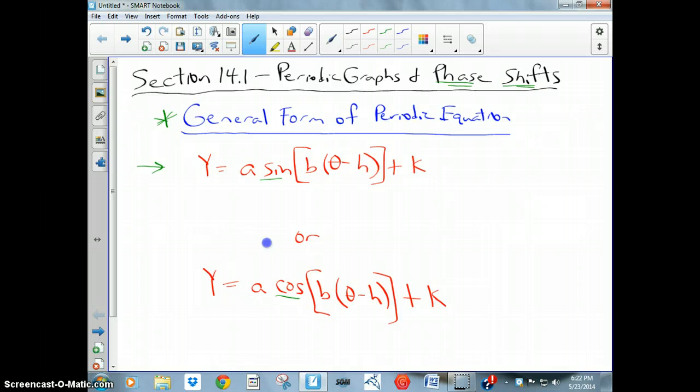And if you recall from the last video, if I do a little color coding, A is the amplitude. Sorry, it's off a little bit. A is the amplitude. B is the frequency. Smartboard's off just slightly.